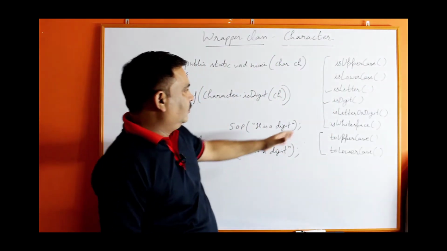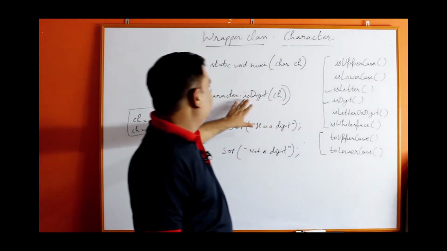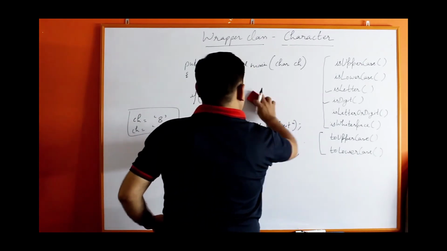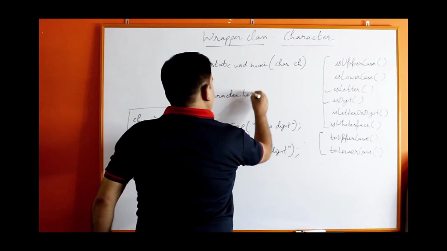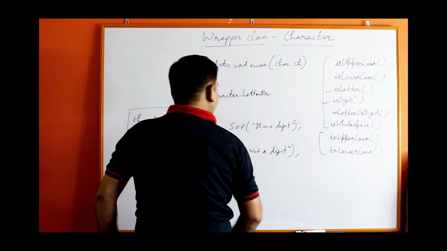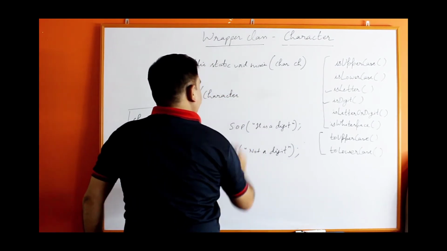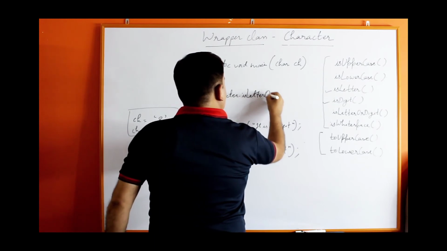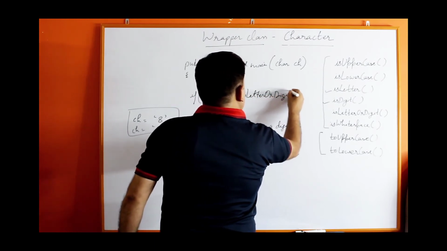So let's continue with the working of this function. You can use isLetterOrDigit instead of isDigit. You have to write Character.isLetterOrDigit.